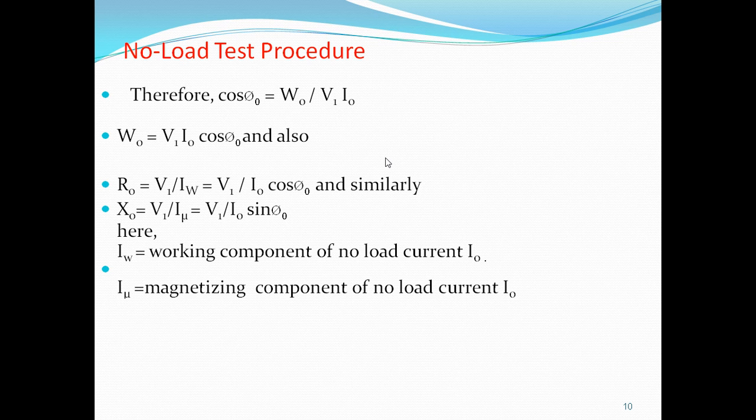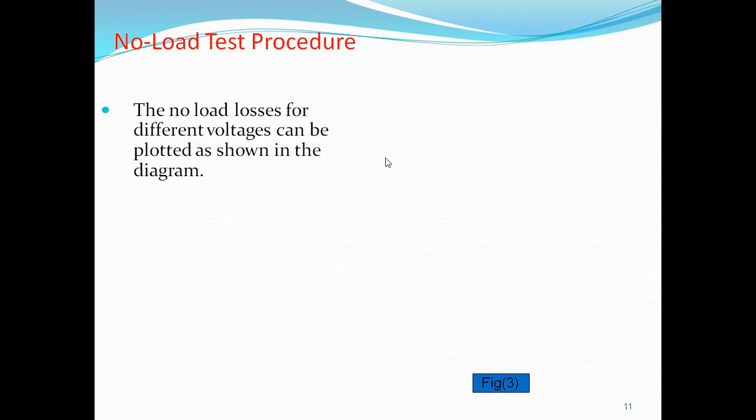R naught, X naught, IW, I mu are useful to draw the equivalent circuit of the induction motor under no load, which is equivalent to a transformer on no load. So this is the no load test procedure.